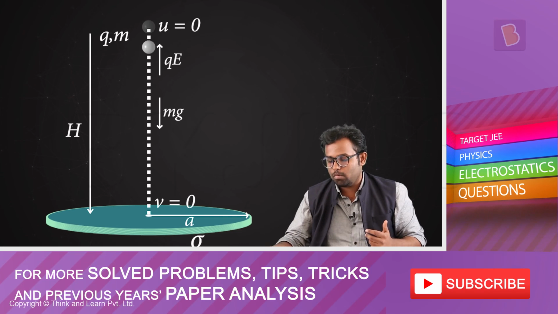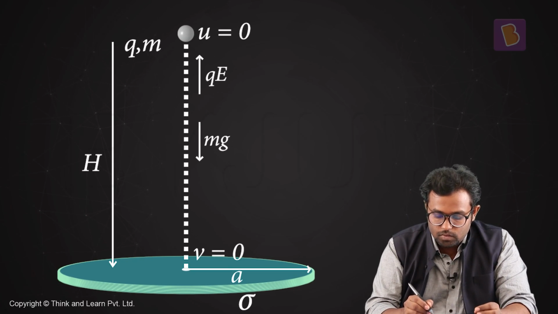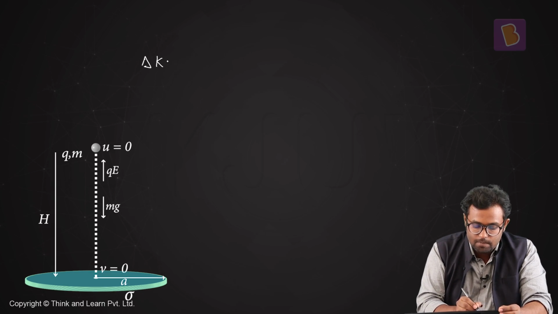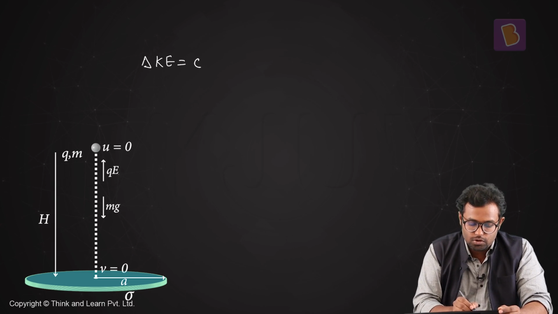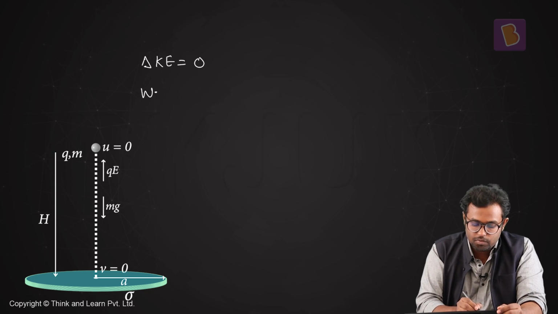So how would I solve this problem? The first thing which clicks to me is that the net change in kinetic energy of this object, the delta KE for this particular thing, is equal to 0. From the work energy theorem, I can say that the net work done on this must be 0.